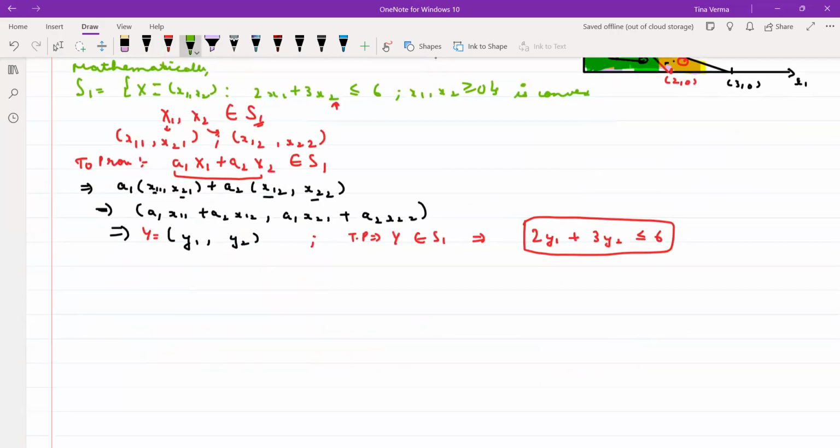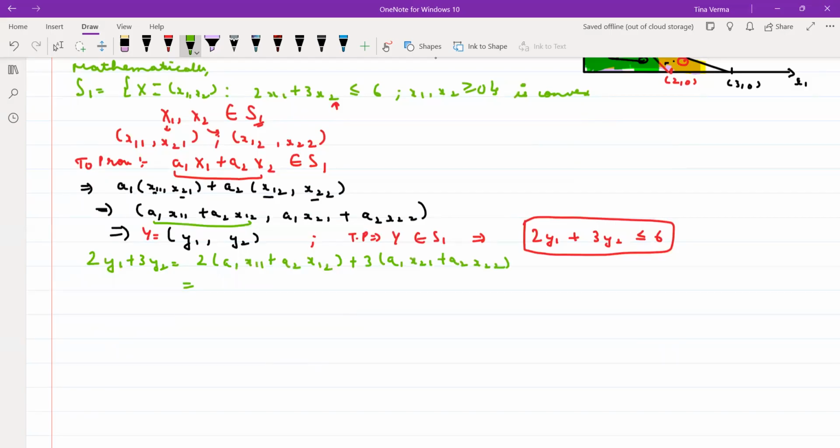So you can start by taking 2y1 plus 3y2. Now your y1 is this value, so this is 2 times a1 x11 plus a2 x12, plus 3 times y2, which is a1 x21 plus a2 x22.